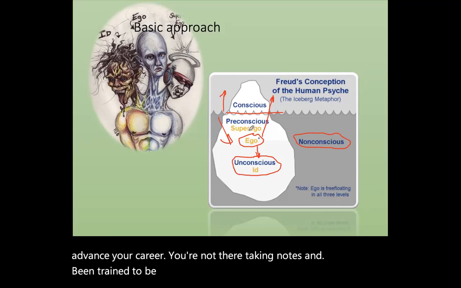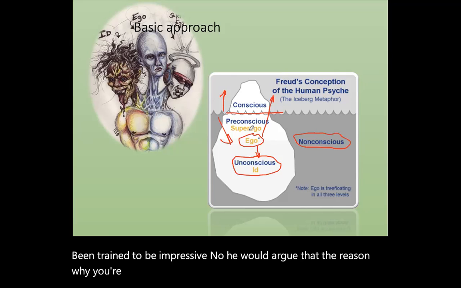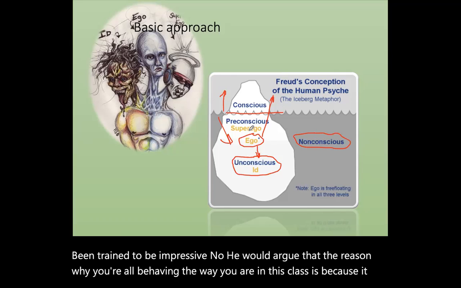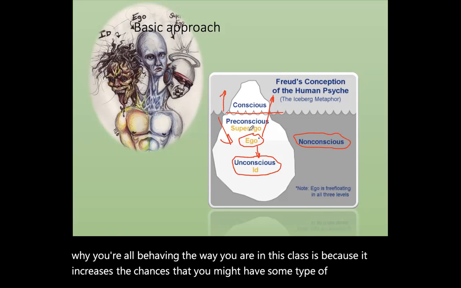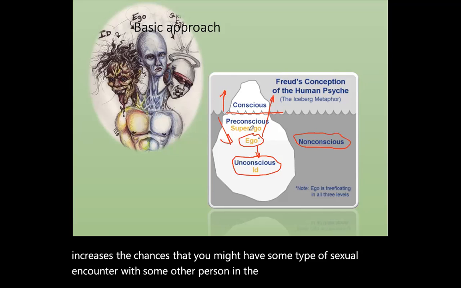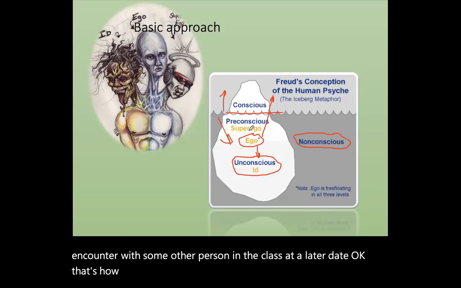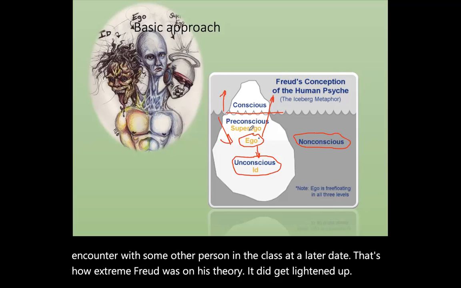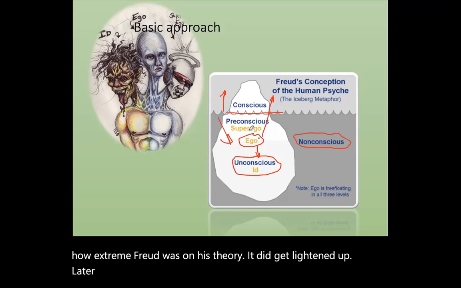No, he would argue that the reason why you're all behaving the way you are in this class is because it increases the chances that you might have some type of sexual encounter with some other person in the class at a later date. Okay. That's how extreme Freud was on his theory. It did get lightened up later on, and didn't become that extreme in later versions when other people took on psychoanalysis.